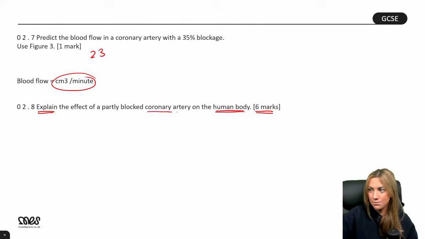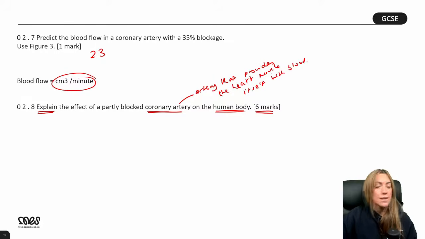So remember, the coronary artery is the artery that provides the heart muscle itself with blood. Just to remind you of that. Okay, it's the one that actually carries blood with oxygen and glucose to the heart muscle itself.